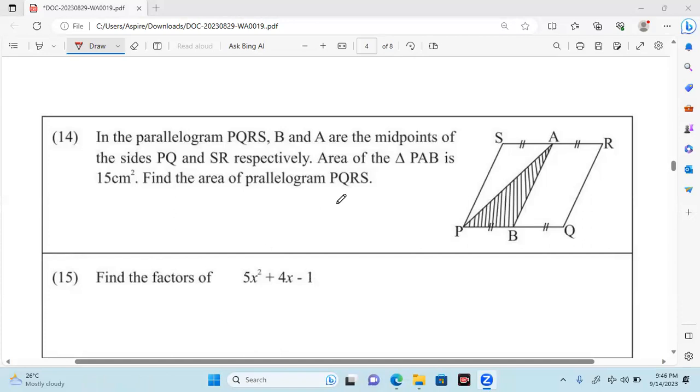Yes. Others? What did the others get? Tell me, everyone. 60, teacher. 50. 50. 60. 60. Everyone got 60. Any different answers? No, teacher.